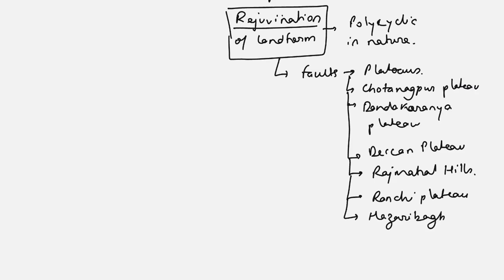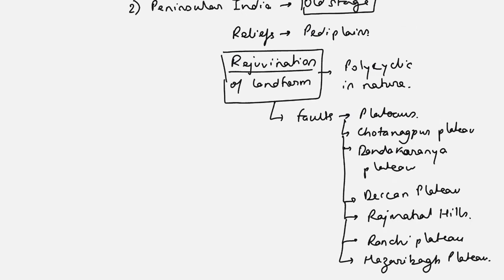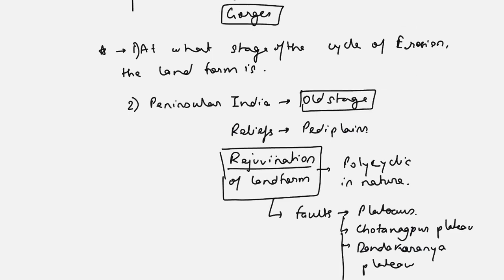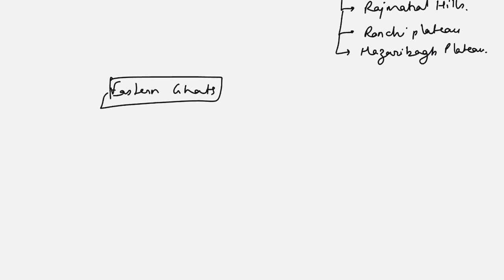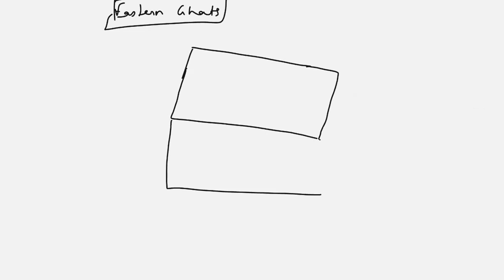Okay, so similarly, we see here that we have the presence of the Eastern Ghats region. So actually, what has happened at the Eastern Ghats? Here we have this system of river. I'll be changing certain colors here. For example, this was the initial phase of the river.